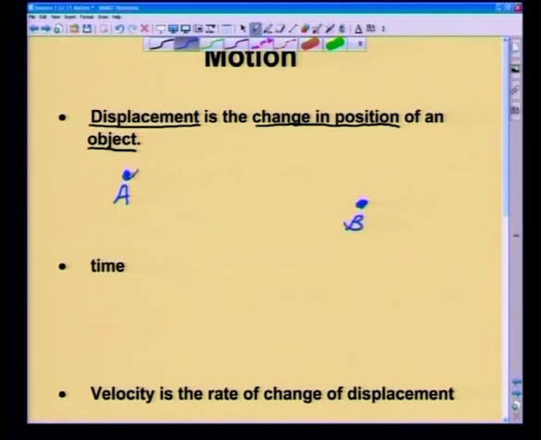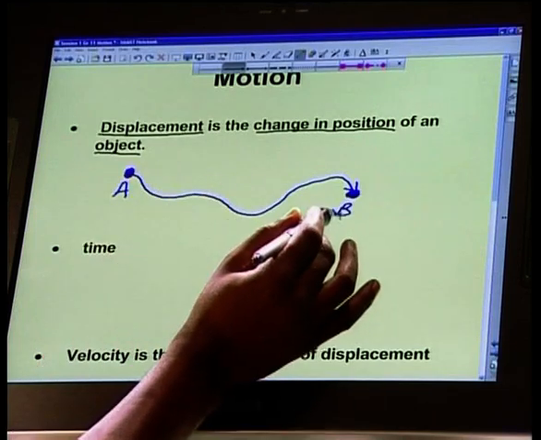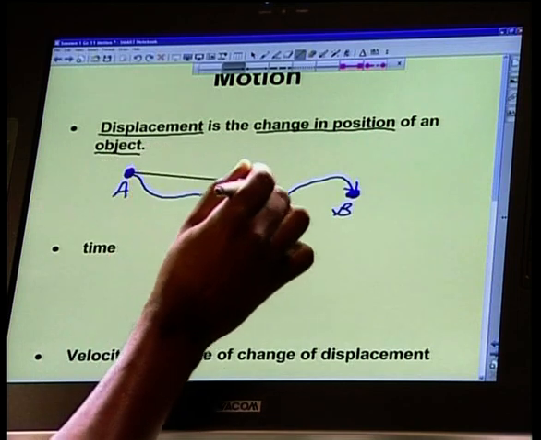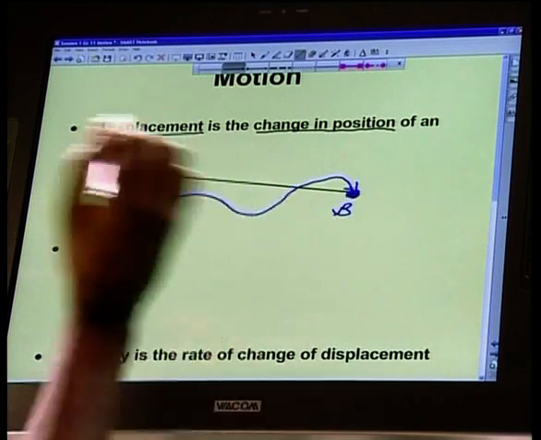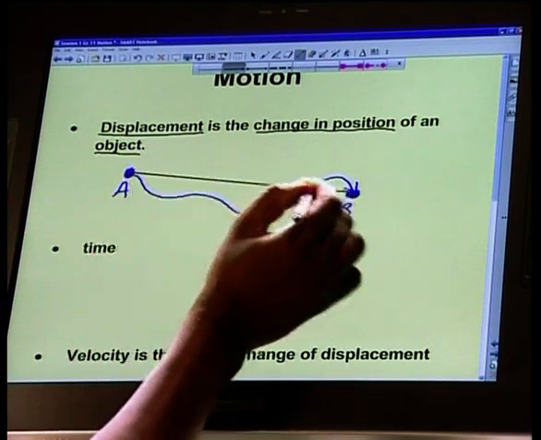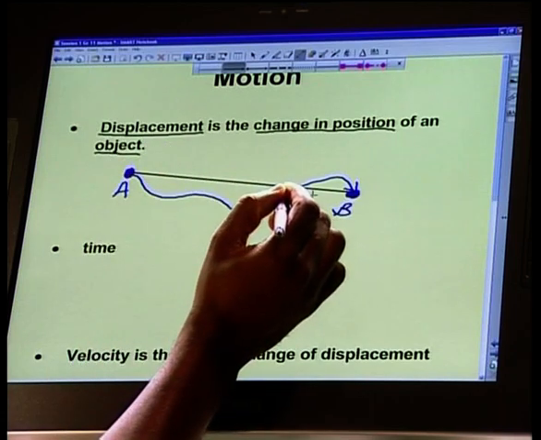And this object, due to the action of some forces, begins to move in that fashion from A to B. Now this object has changed its position from position A to position B, and the change in position is given by that straight line from A to B. This straight line from A to B is the displacement of the object.